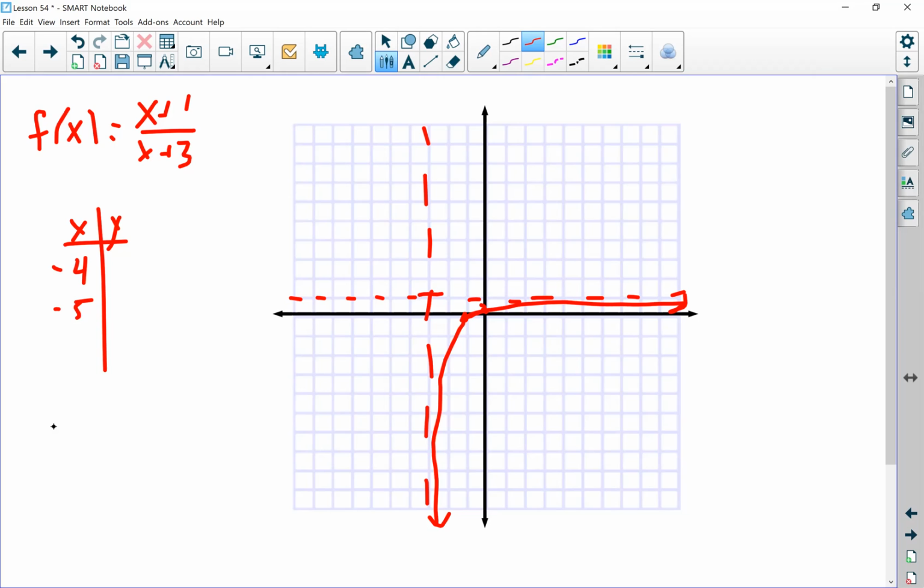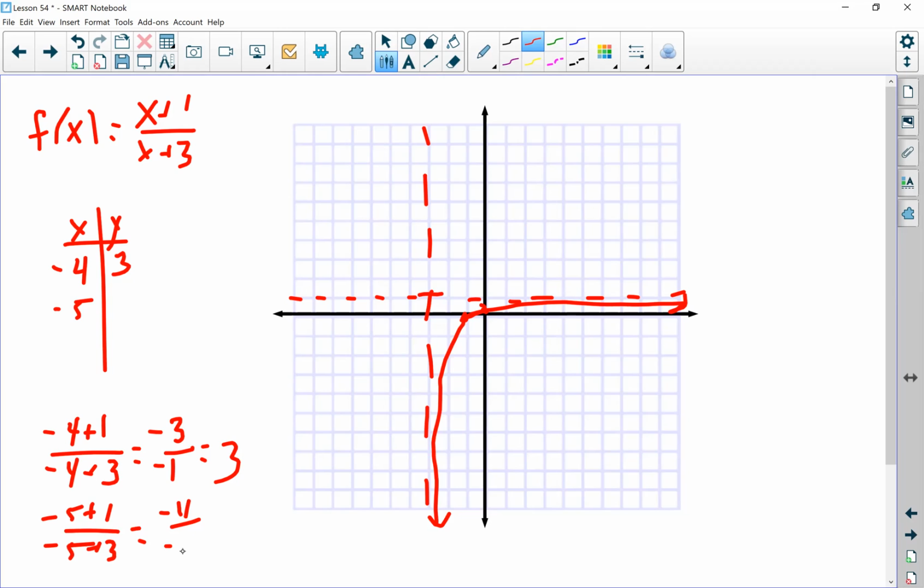So I'm just going to plug in -4. I get -3 over -1, which is 3. And then I'll check -5. -4 over -2, which is +2.